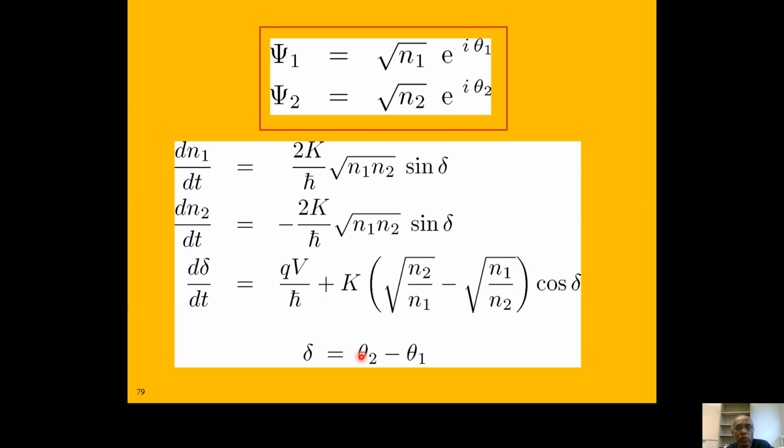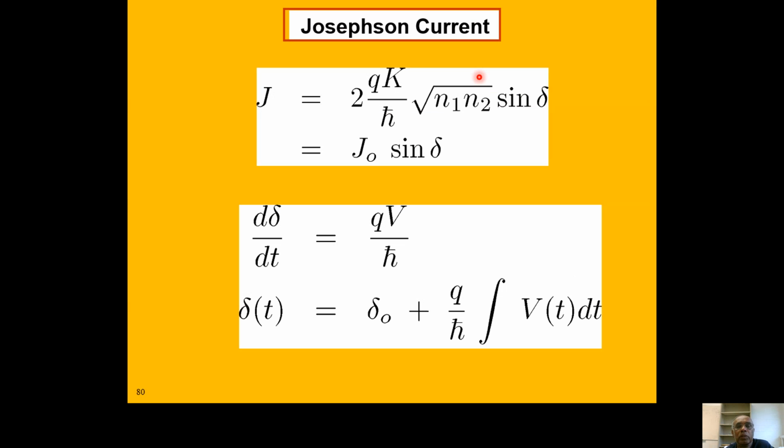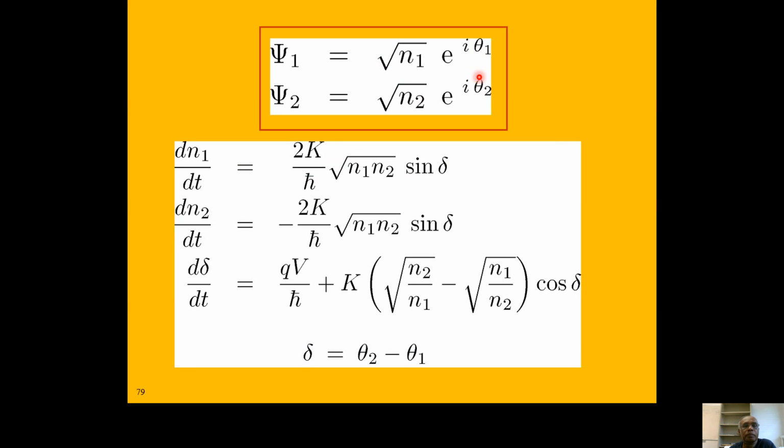Delta is simply theta 1 minus theta 2. This is very simple to derive these equations. So if you put this one, then I can calculate my J. J is basically, you know, J is given by your E n, so then that is your charge, right?